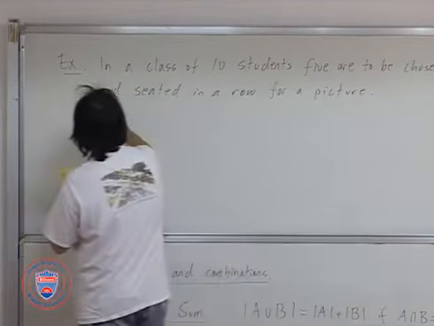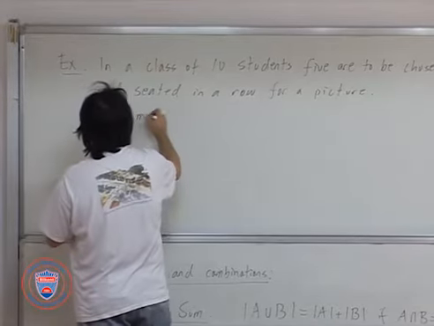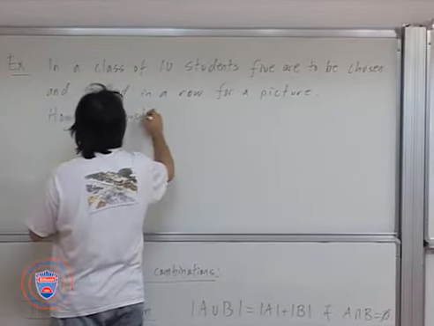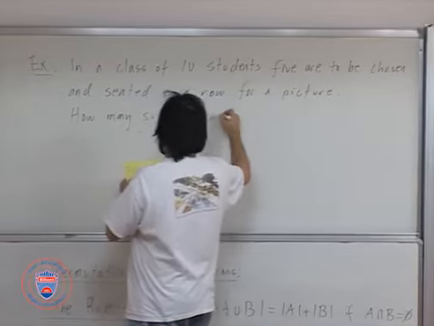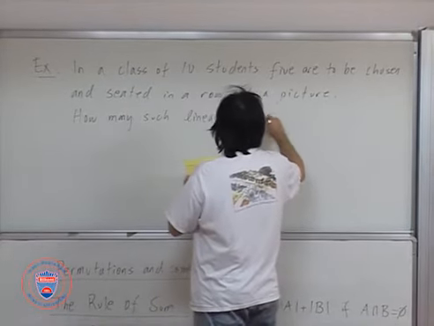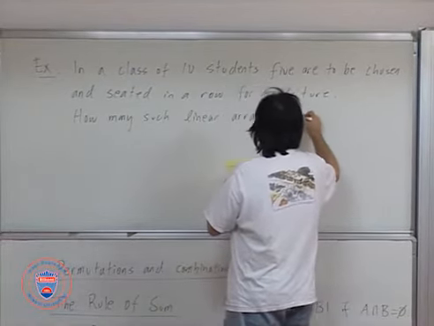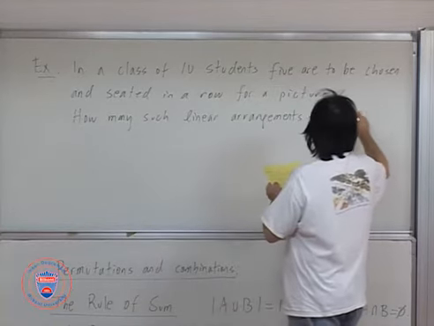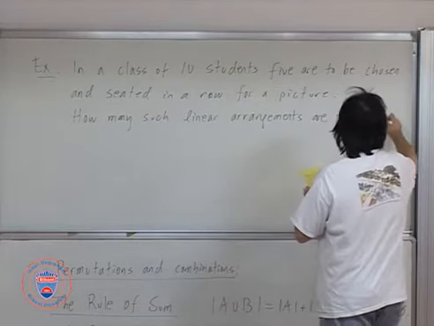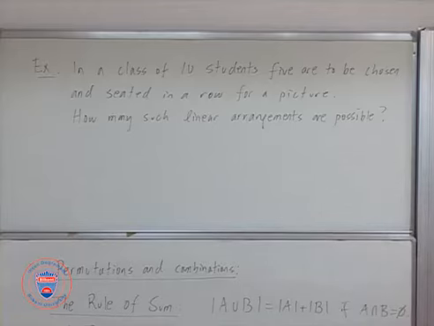How many such linear arrangements are possible? So that means how many different pictures can be taken with the order of students being different.